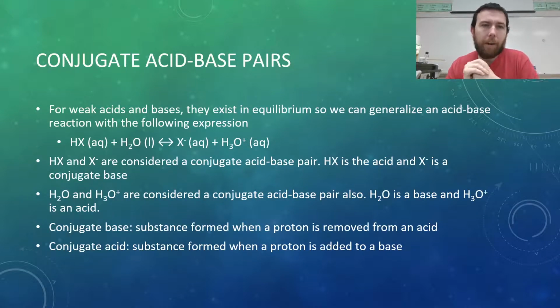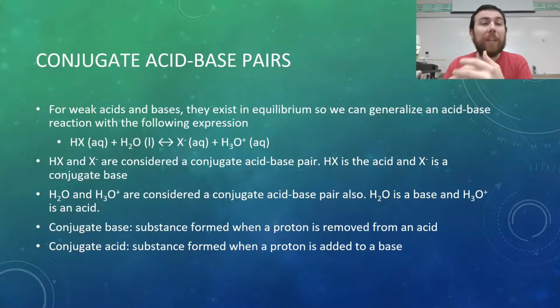All right, now that's going to lead us into a discussion of conjugate acid-base pairs. The Bronsted Lowry definition, as we've seen, talks about this idea of donating or receiving protons. As a result, you can get a conjugate acid or a conjugate base that gets produced over the course of that acid-base reaction.